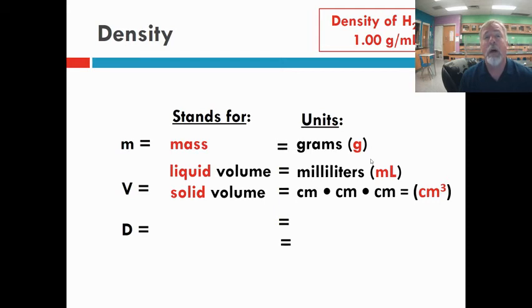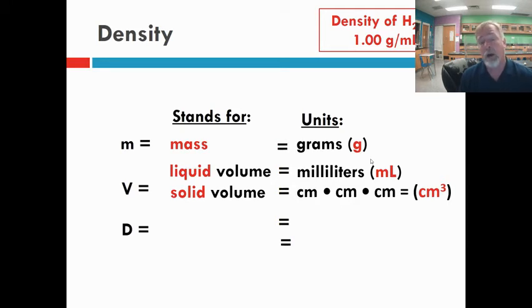Those measurements all have centimeters in them: 5 centimeters long, 10 centimeters high, 2 centimeters deep. If you multiply those together, you multiply all your numbers together, but you have to multiply your units together too. Centimeters times centimeters times centimeters gives you centimeters cubed. So the volume for a liquid we measure in milliliters, but the volume for a solid we measure in cubic centimeters. Tricky one. I want you to remember that one as well.